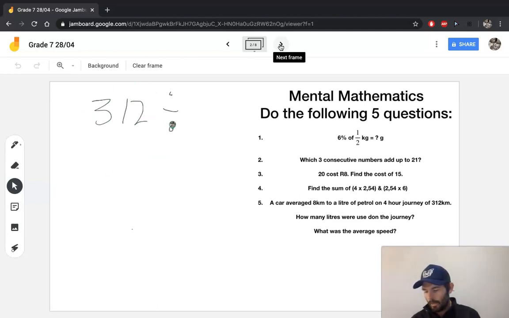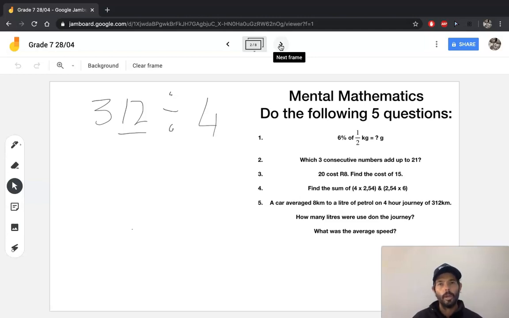How do I know if 312 is divisible by 4? Does it work that there are no remainders? Remember, it's the last 2 digits that need to be divisible by 4. So is 12 divisible by 4? Yes, it is, 3 times. So therefore, 312 is divisible by 4.